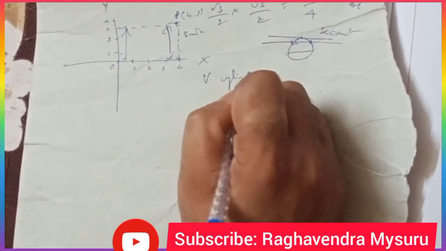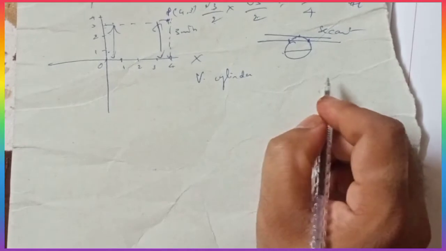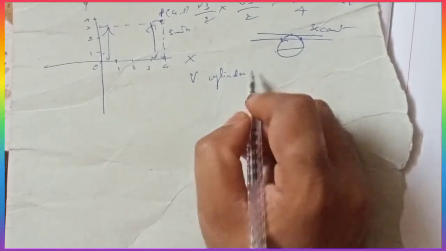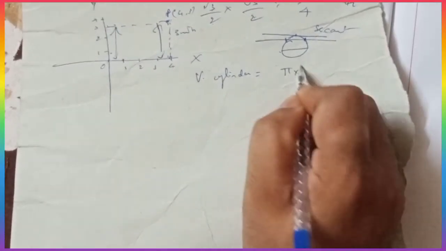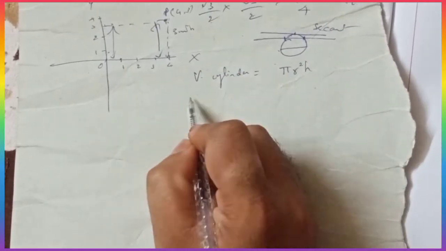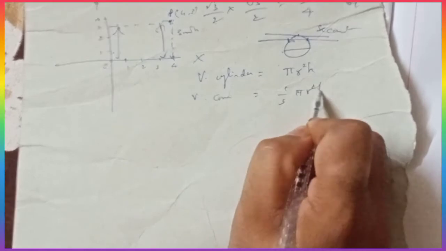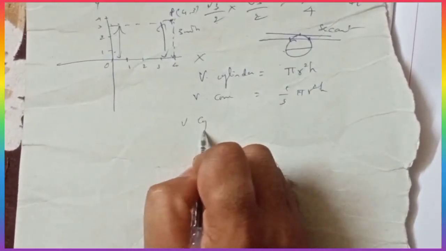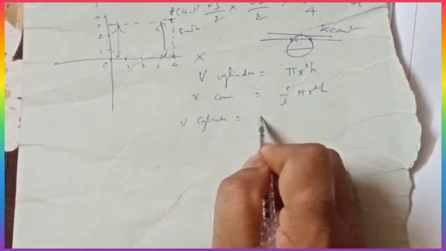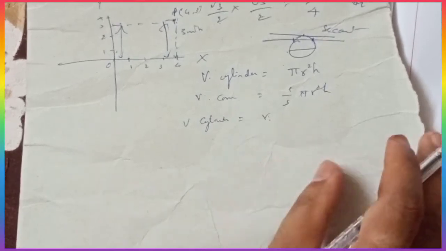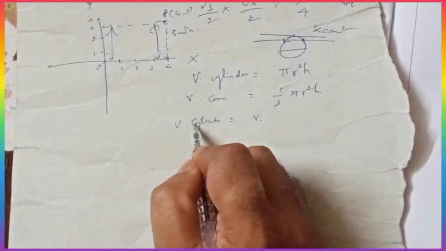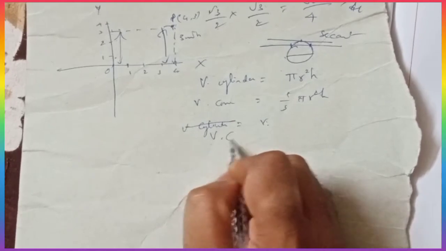So volume of cylinder is given by the formula pi r square h, and volume of cone is given by the formula 1 by 3 pi r square h. They are saying that volume of cylinder is given. So we need to find out what? We need to find out volume of cone, correct?